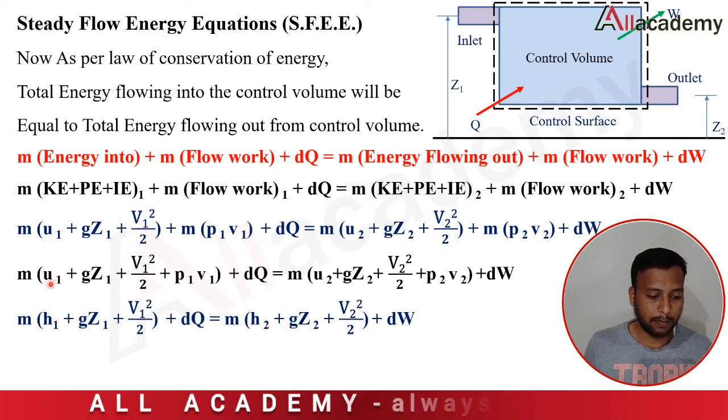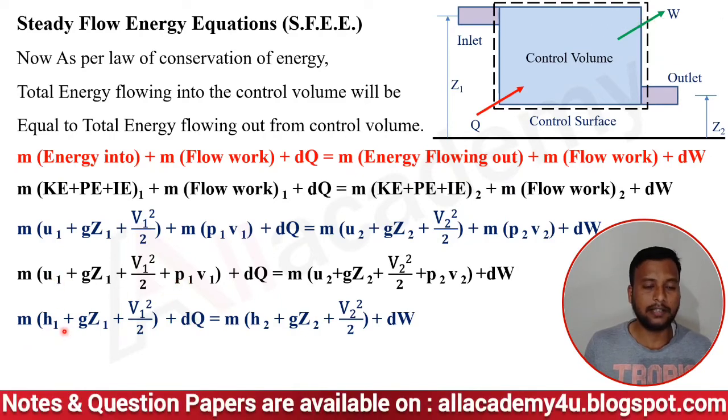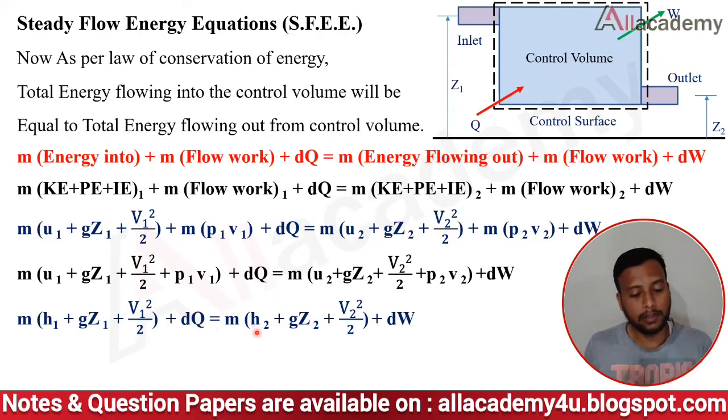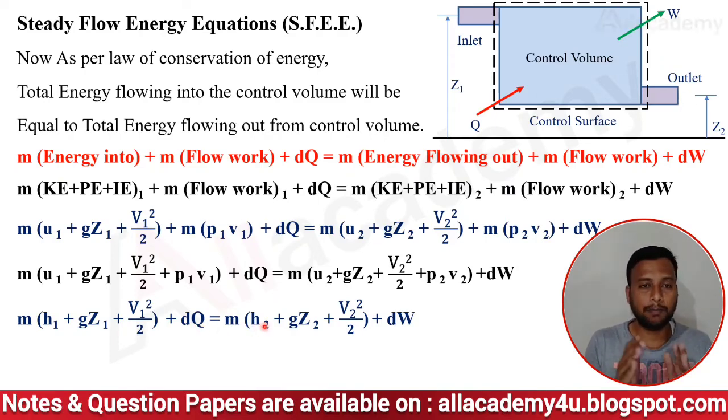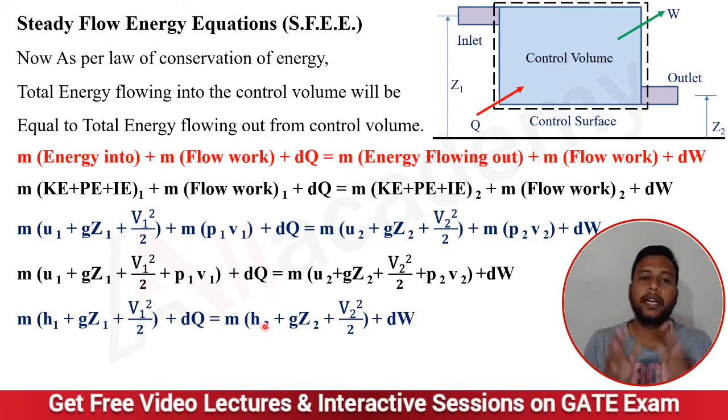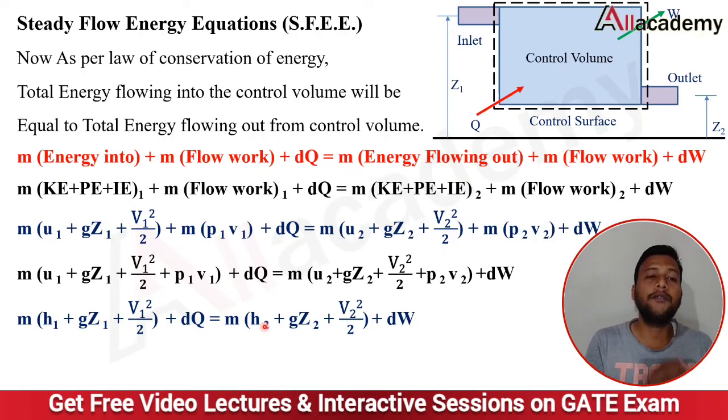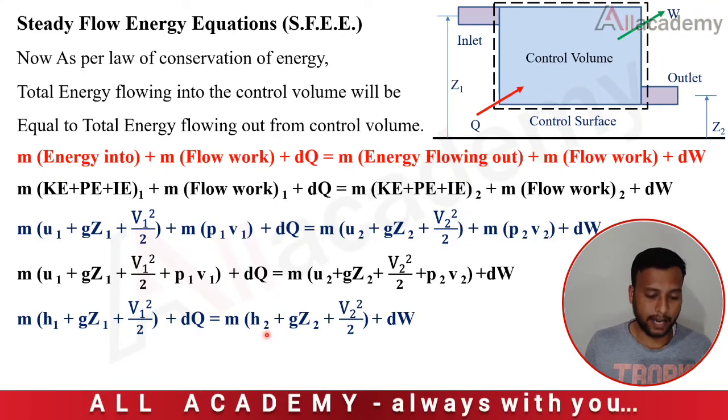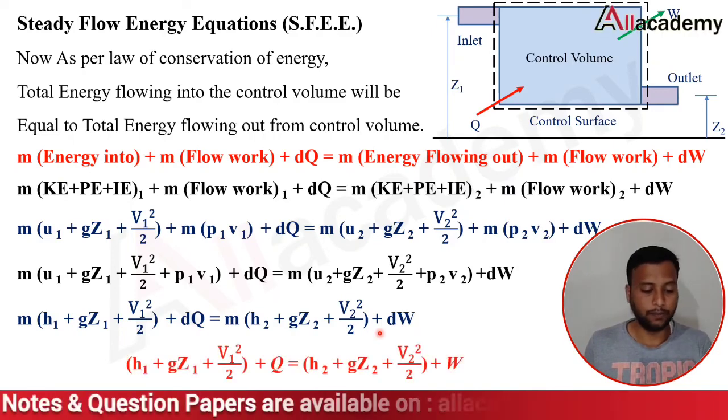So I will replace u plus p1 v1 with enthalpy. So m into h1 plus g z1 plus v1 square by 2 plus dq. Similarly at condition 2, u2 plus p2 v2 is nothing but enthalpy, so I will consider it as h2 plus g z2 plus v2 square divided by 2 plus dw.